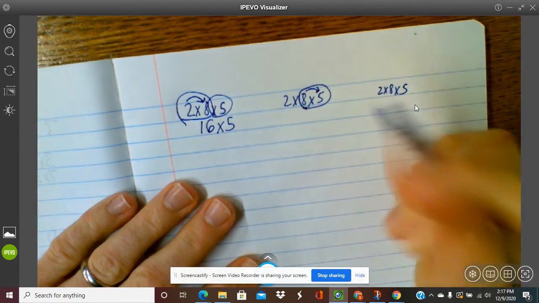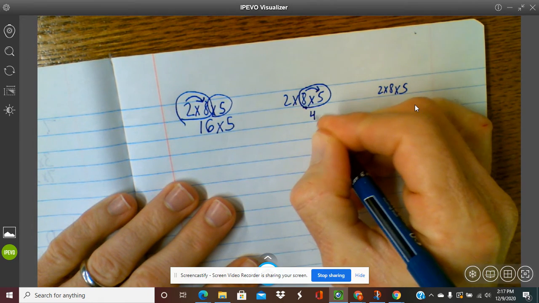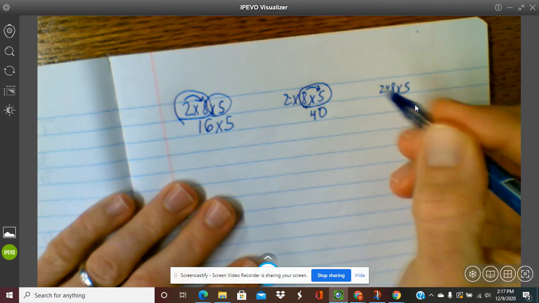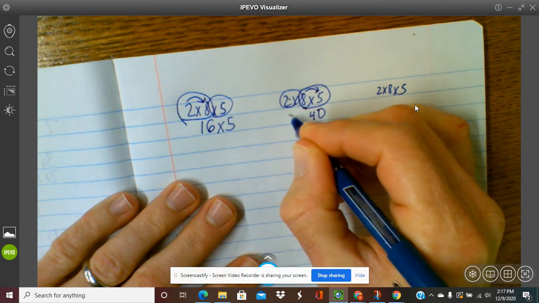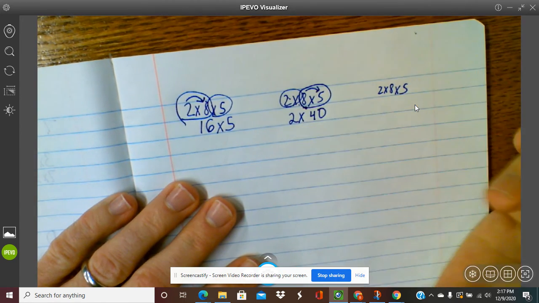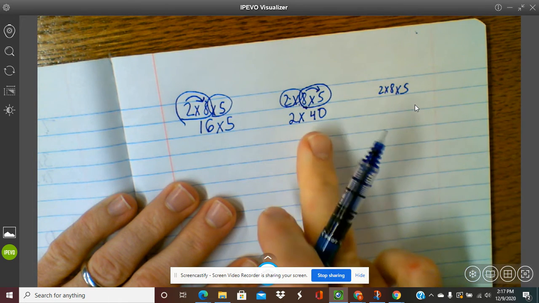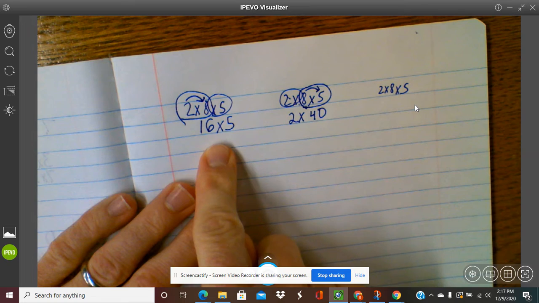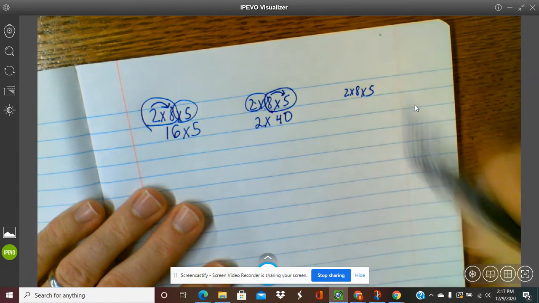So 8 times 5 is equal to 40. Now I need to bring down the 2 also. 2 times 40. I don't know about you, but this looks a lot easier than this right now. But let's keep going.